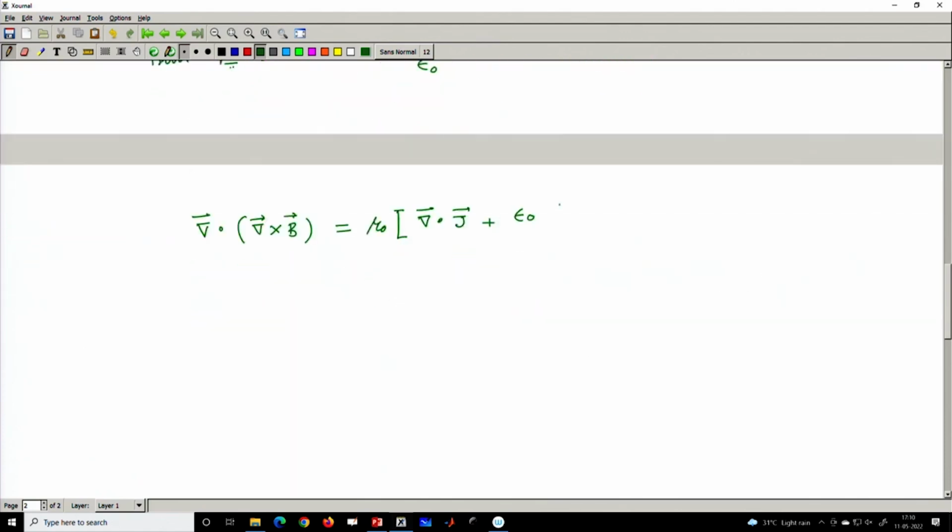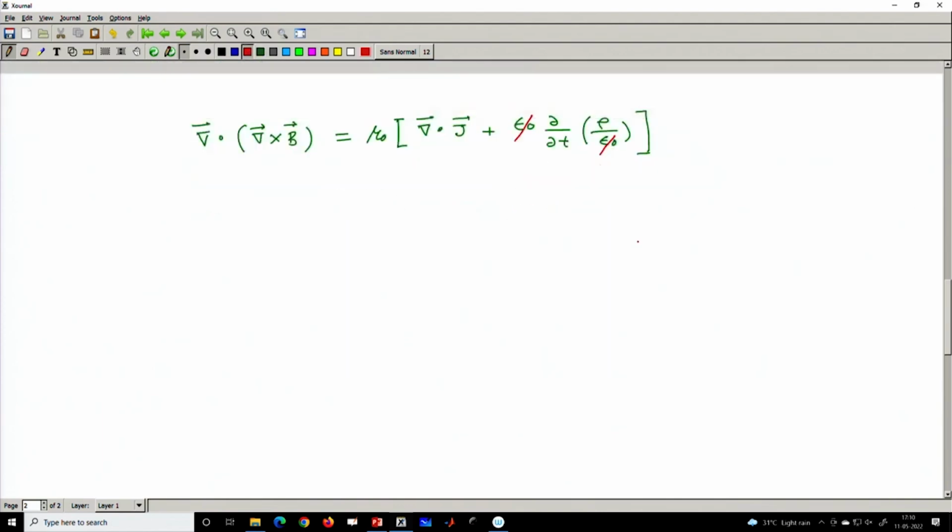So, I eventually have del T of rho by epsilon naught. Now epsilon naught is going to cancel out, and eventually what we are getting is very interesting, and I should write it here.